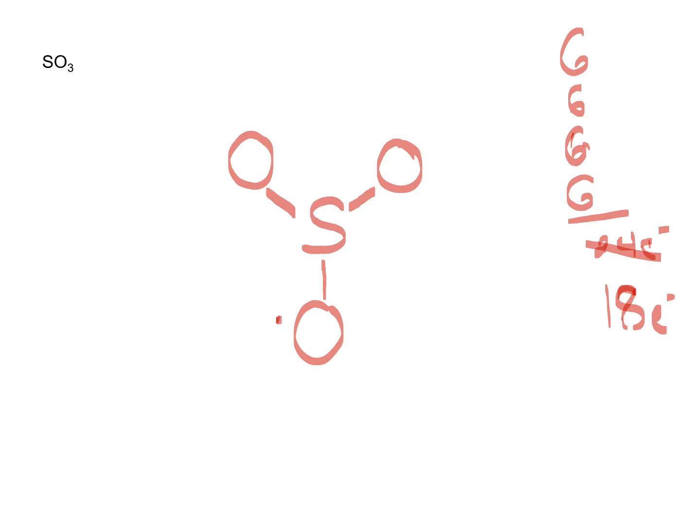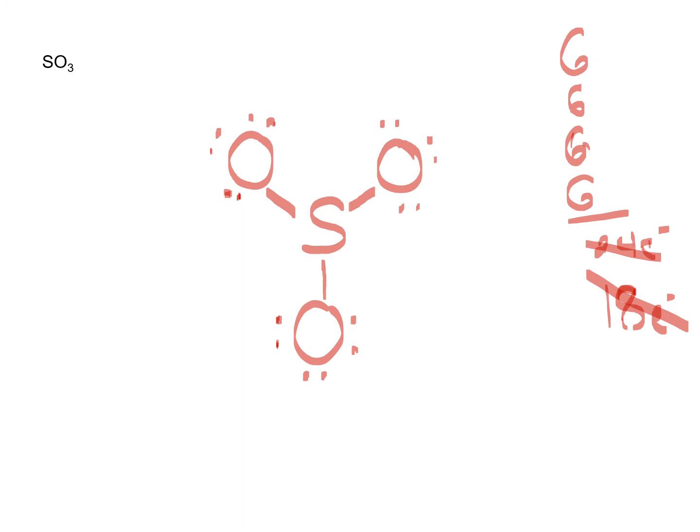So let's start with this oxygen. 2, 4, 6. Now it's full and stable. 2, 4, 6. It's got 8 around it. It's stable. 2, 4, 6. That oxygen now has 8 around it there, and I've used 3 groups of 6, so I have used up all of my electrons now.